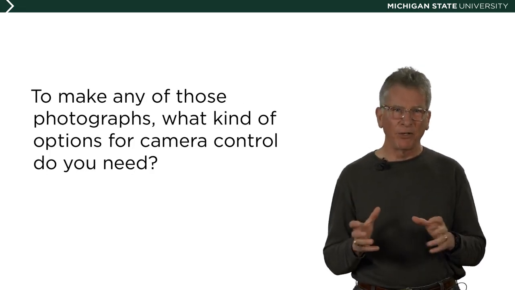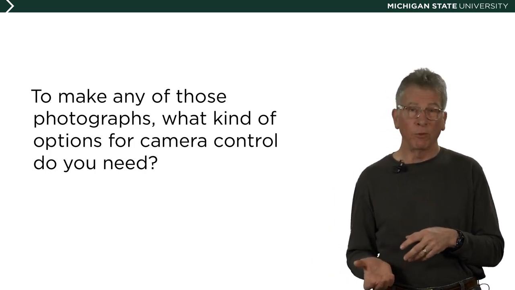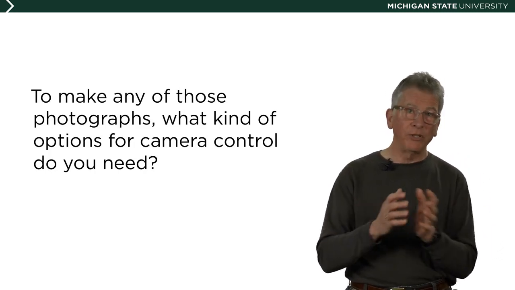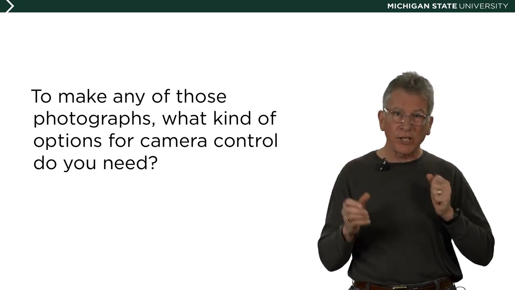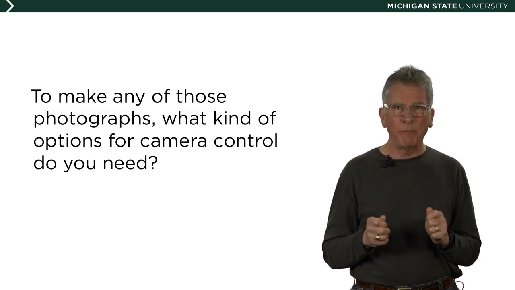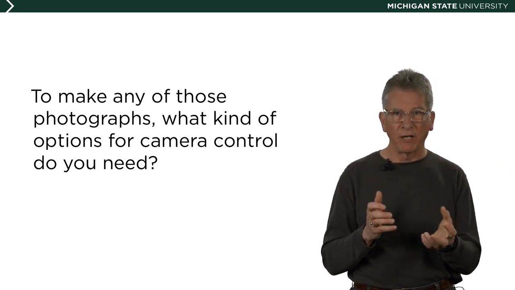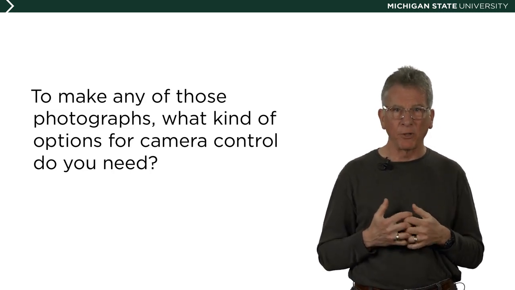To make any of those kinds of photographs, whether they're the ones that you're comfortable with making right now or the ones you'd like to make in the future or the new ones you just got an idea for, you'll need to know what the capabilities are of the camera in photography to be able to capture those images.